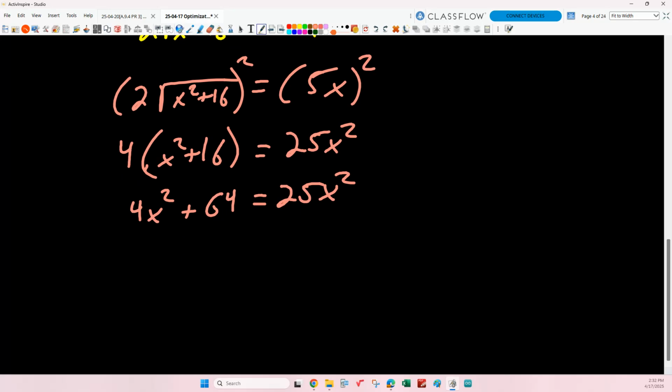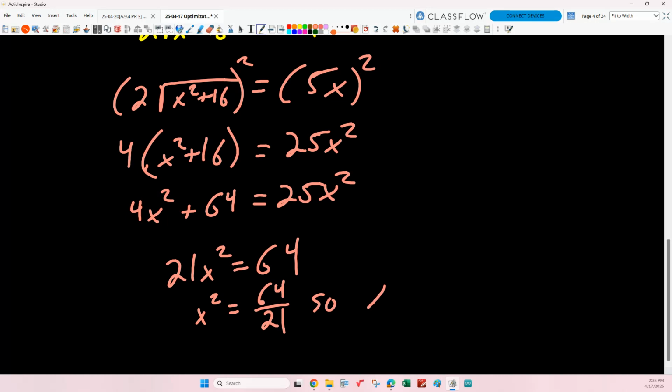So subtract the x squareds, and then just solve for x. x squared equals 64 over 21, and that's not going to reduce, is it? No. Obviously we're not going to take the negative solution, we'll just take the positive solution. So x equals the square root of 64, which is 8, over the square root of 21.